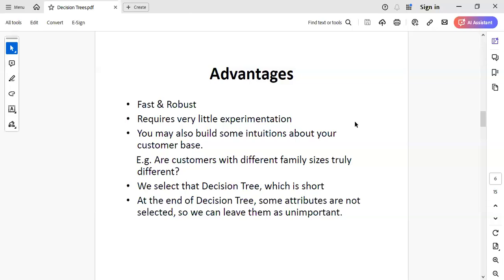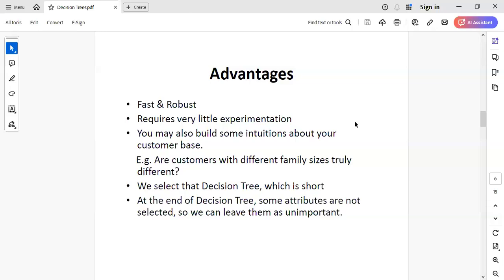Few are very poor in learning or training but very quick in predicting. But the decision tree is a different kind of algorithm. It takes a decent amount of time, not too short, not too long, in learning and also in predicting. That is the reason we call it fast and robust.